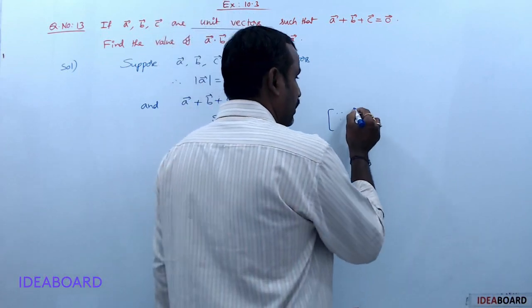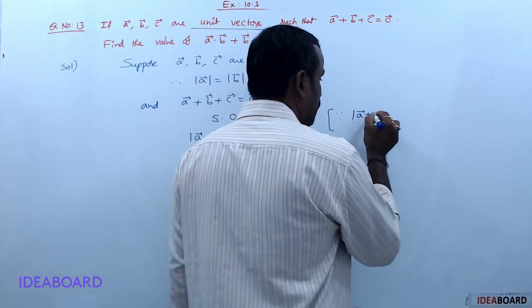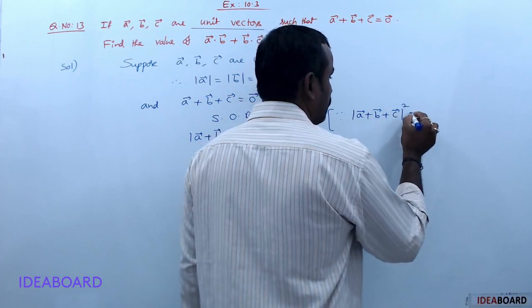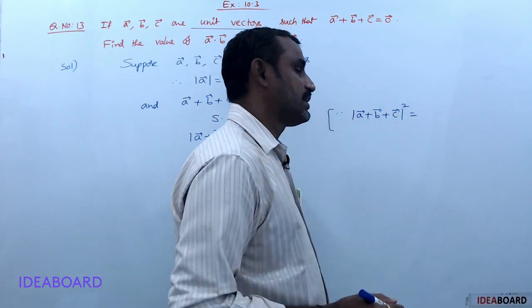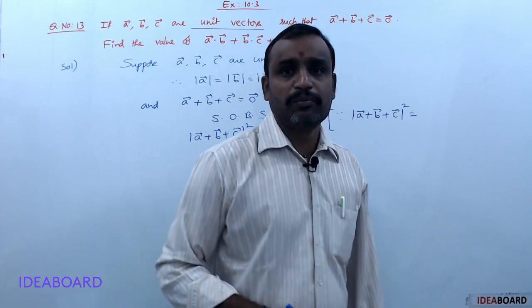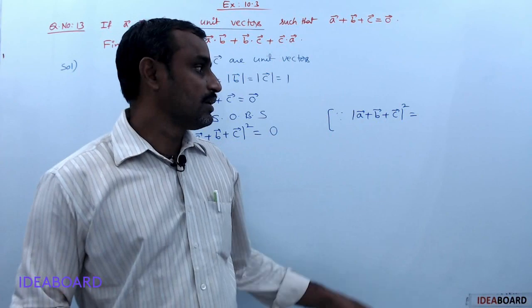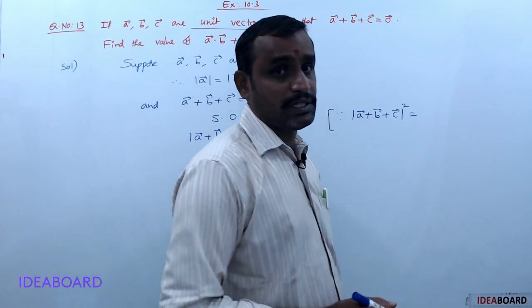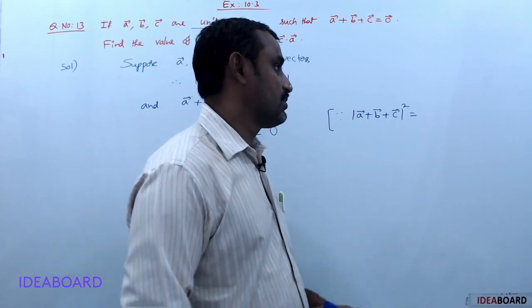We know the formula, which I already gave in the properties. Magnitude of a bar plus b bar plus c bar whole square is like the (a plus b plus c) whole square form, but with a·b, b·c, c·a as dot products, otherwise it is meaningless because this is the vector concept.